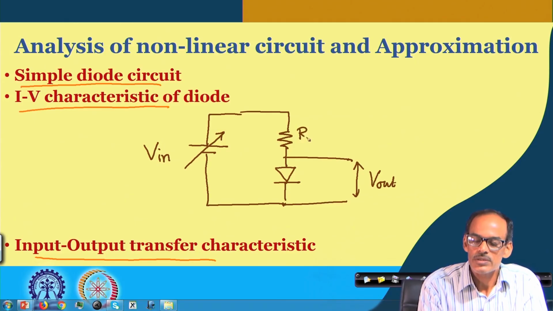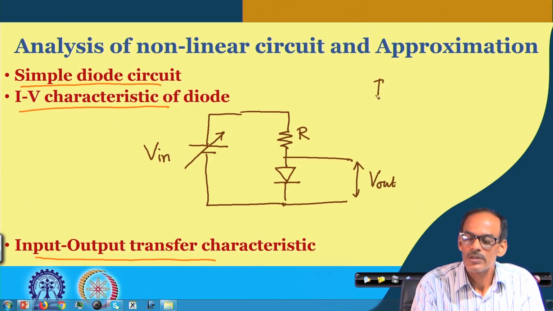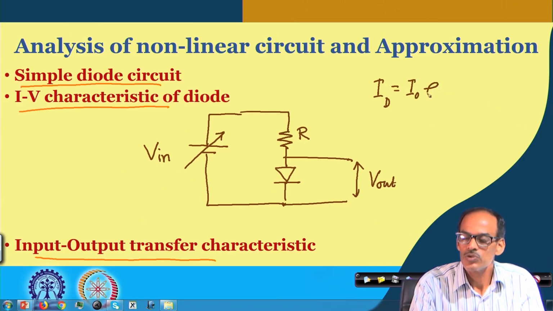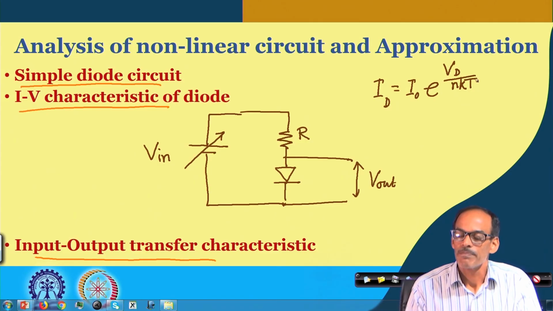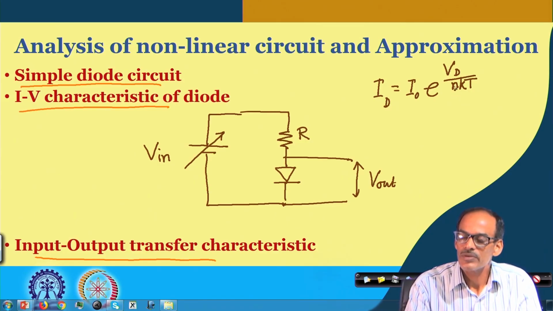The obvious answer, probably you may know the diode characteristic, which is I, the diode current, equals the reverse saturation current times e to the power of the voltage across this diode divided by n times Boltzmann constant k times temperature in Kelvin. Typically, this non-ideality factor n we consider as 1.